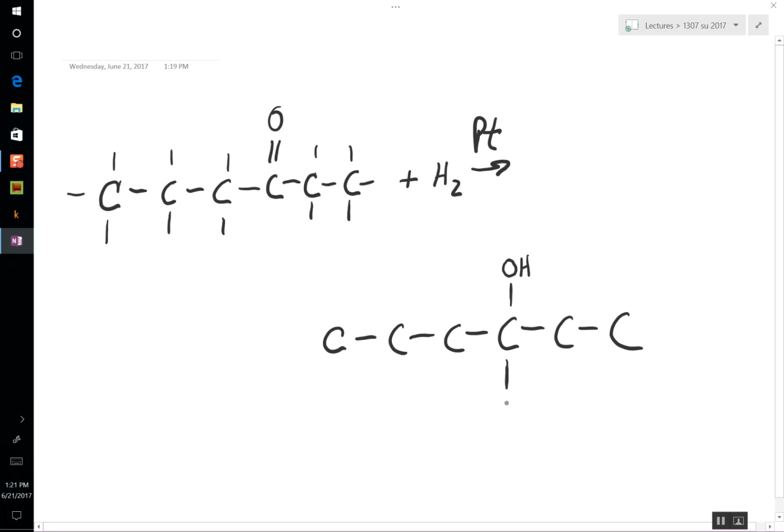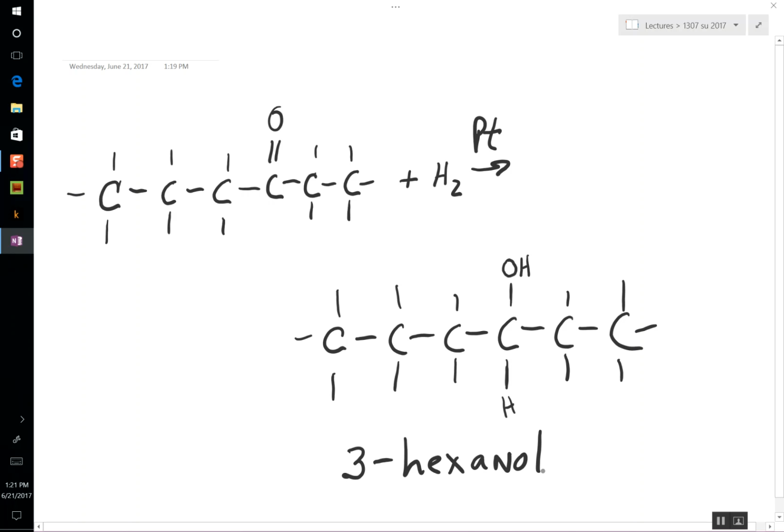And down here, an H. All right, so you've seen how a ketone is going to result in an alcohol. And what is the name of that? Hexanol. And it is a secondary alcohol.